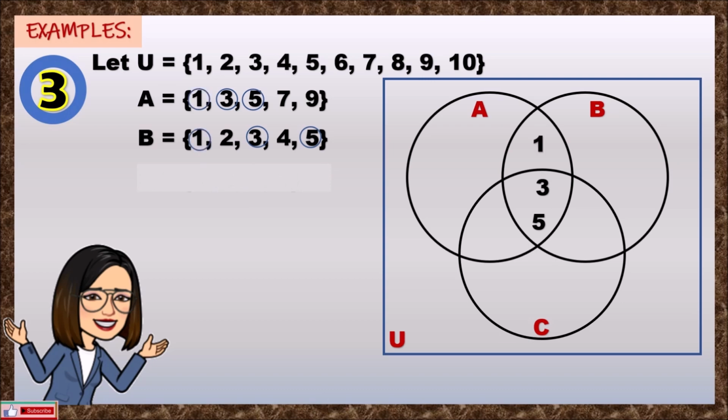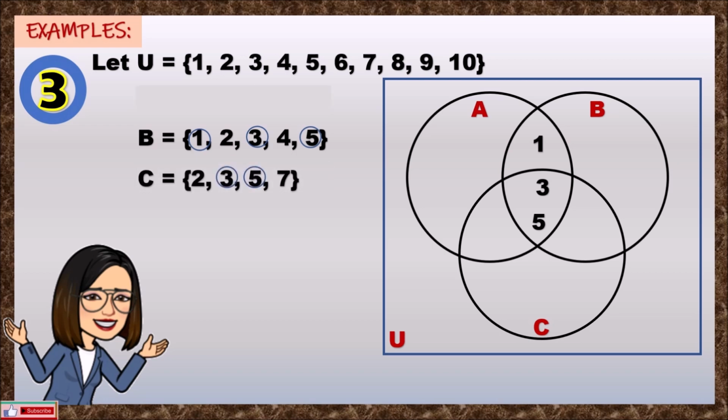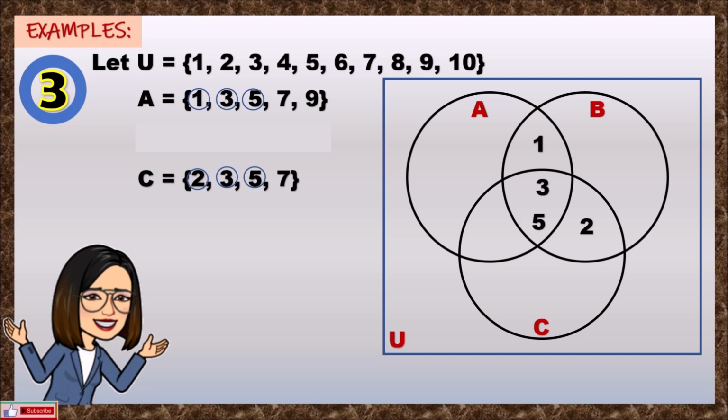Then, the common elements in B and C are 3 and 5 again, and we have 2. In sets A and C, we have 7. The remaining element in A is 9, in set B is 4, and there's none in set C.